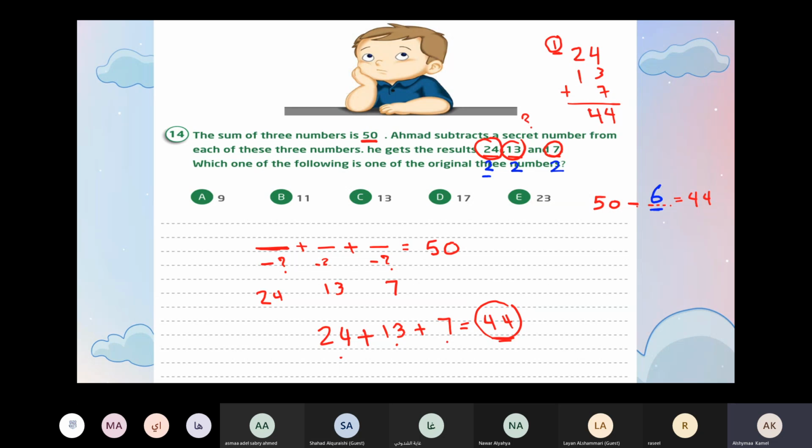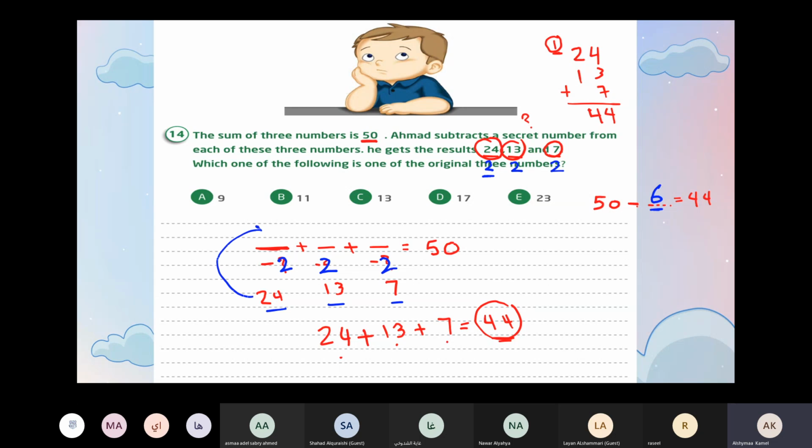I subtract 2 from the first number, 2 from the second number, and 2 from the third number, and I have the numbers after subtracting. So I will use the inverse operation. Here I subtract.